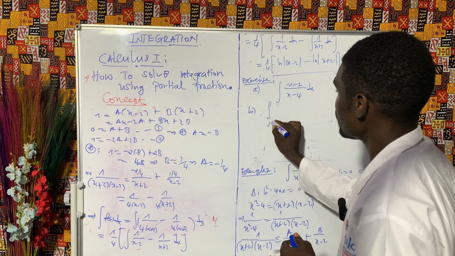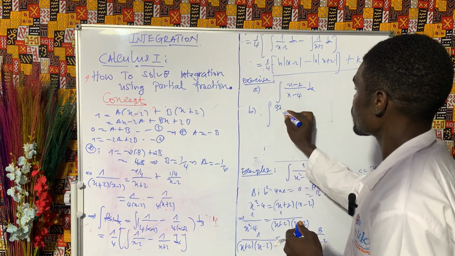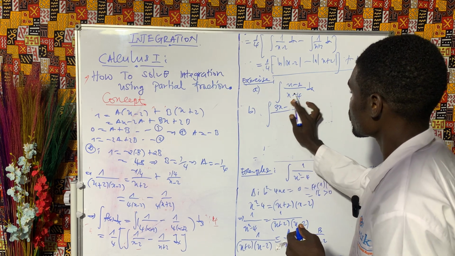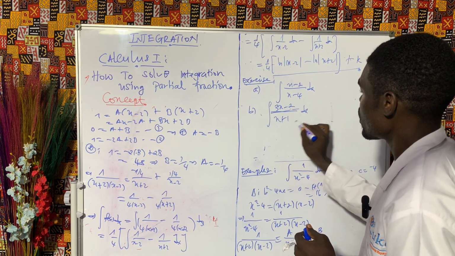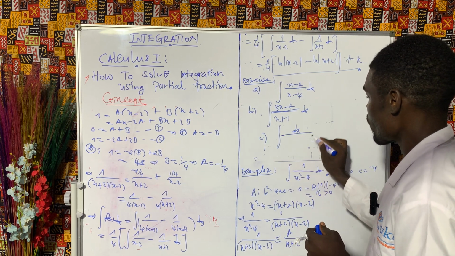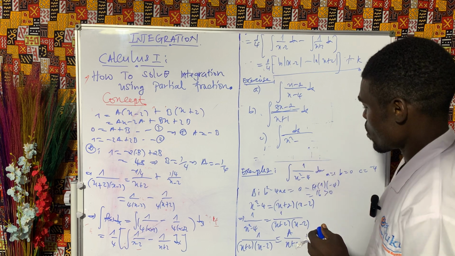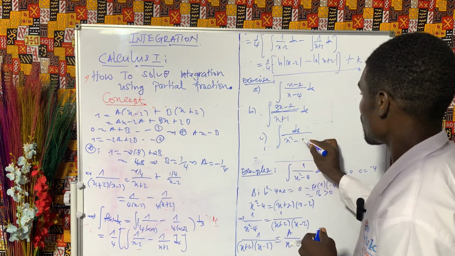B, the integral of 3x minus 2 over x plus 1 dx. And C, the integral of dx over x squared minus, let's say, the function minus 2.